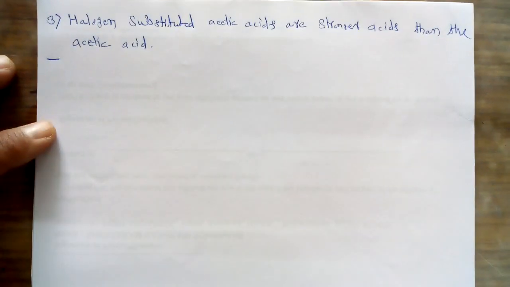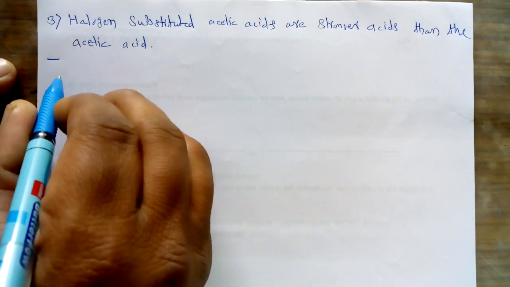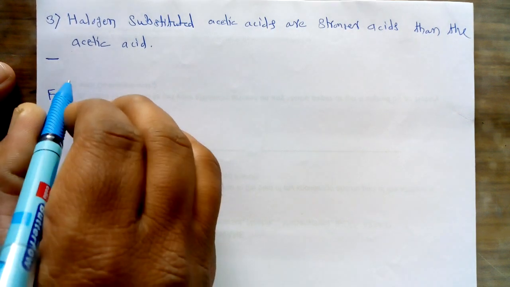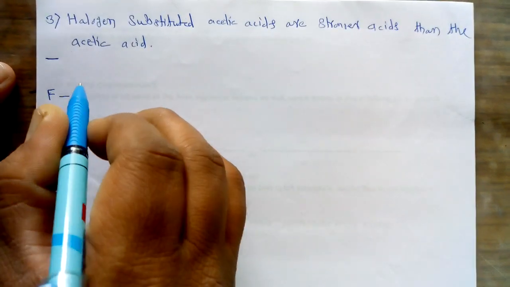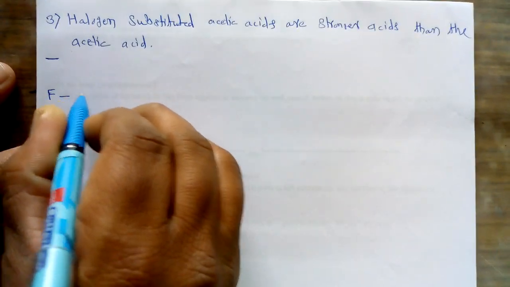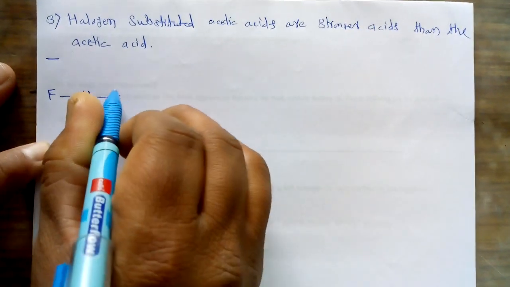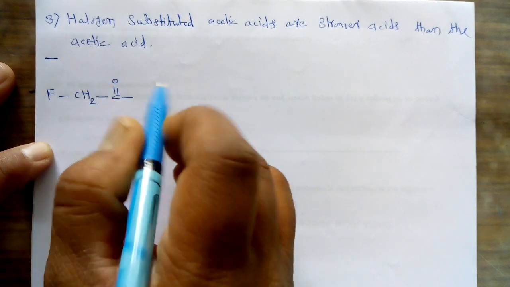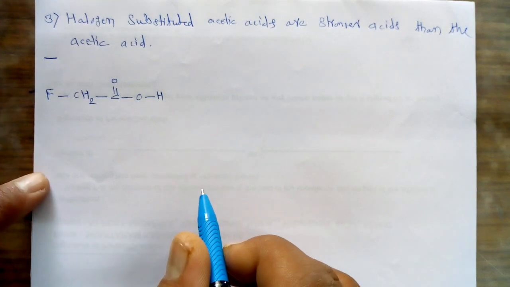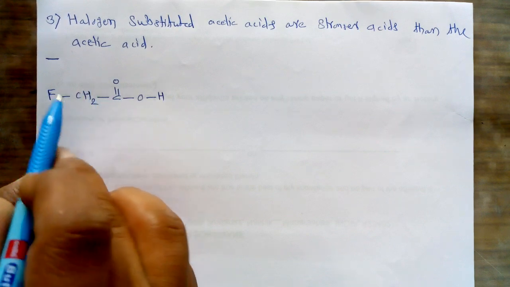So for that purpose, I take different halogen substituted acetic acids. Fluorine substituted acetic acid: F single bond CH2 single bond C double bond O single bond OH. This is the first example of halogenated acetic acid, called fluoroacetic acid, because fluorine is there.